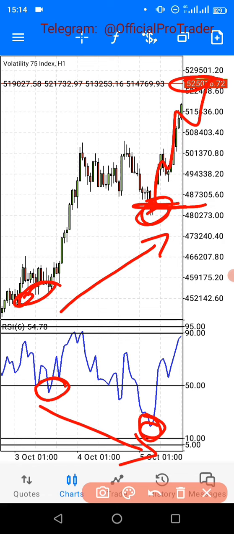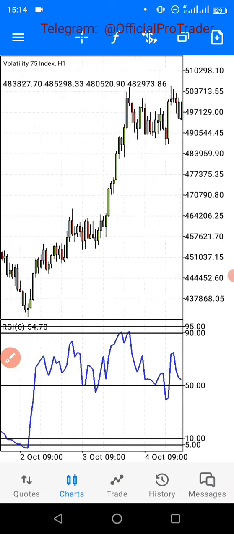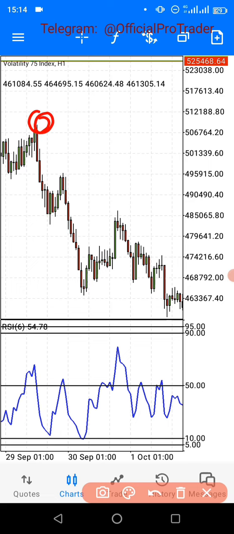All right, let me see if I can find a hidden bearish divergence. Okay, so we have one here. We had a high here, a lower high here. So price is going to the downside.